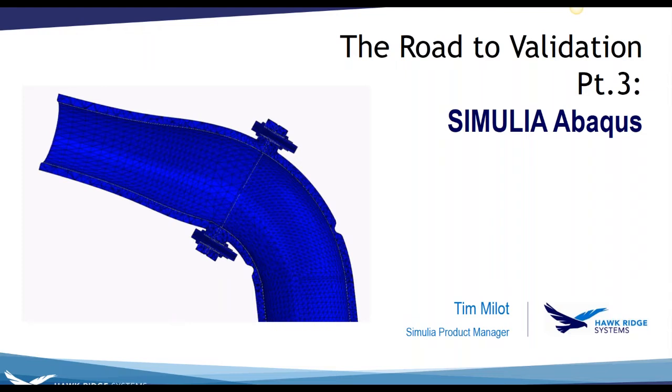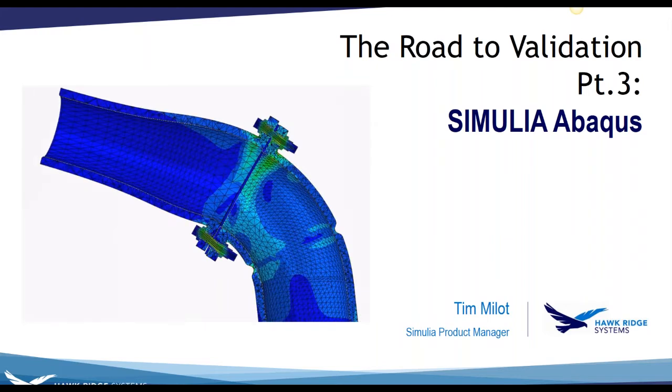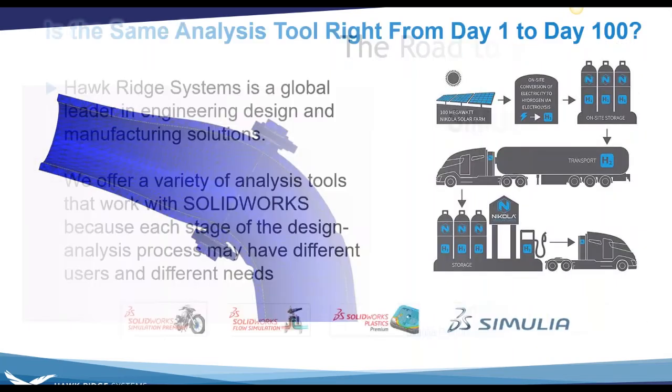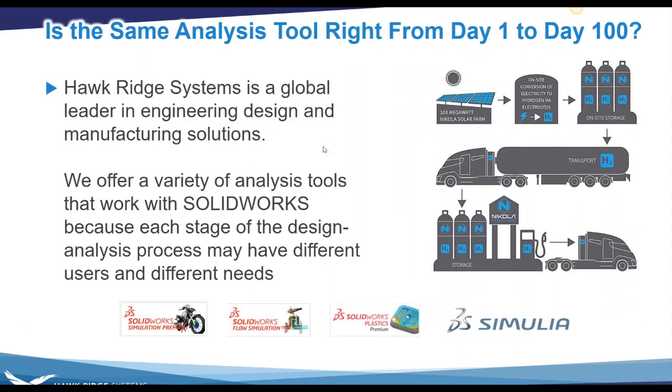Last week we heard from Silvio Perez about the usage of the structural analysis tool SOLIDWORKS Simulation, and in week one we heard from Damon Tardini about the SOLIDWORKS Flow tool. The purpose of the series is to showcase a specific application through some of our design validation tools.